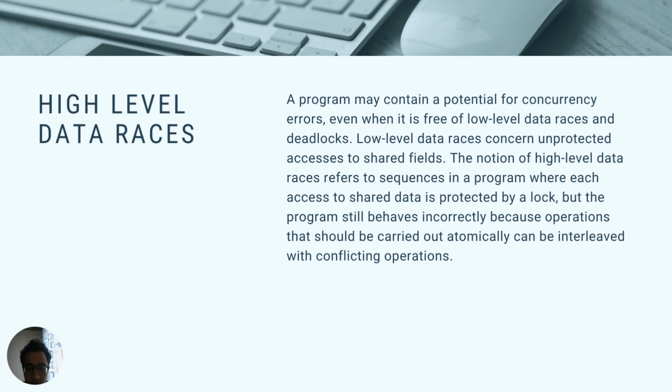As a realistic example of a high-level data race condition, we shall illustrate a problem that was detected in NASA's Remote Agent Spacecraft Controller. The problem was originally detected using model checking.